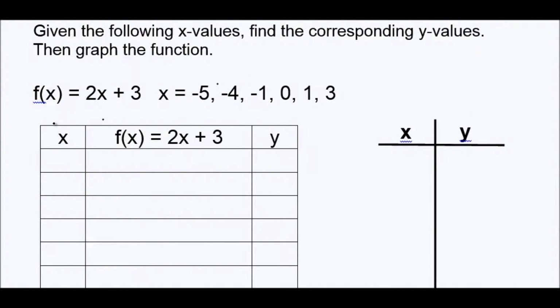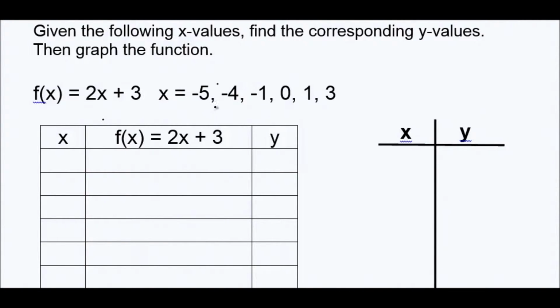Well, believe it or not, f of x is a fancy way of saying y. So rather than saying that this is an equation, we could say this is a function. And that's where the f comes from. And this x represents a variable. So we have 2x plus 3.